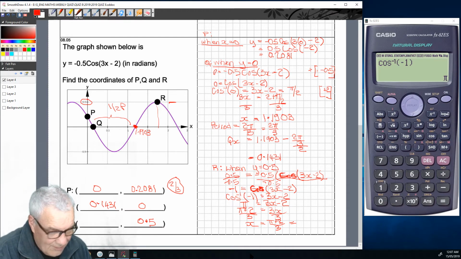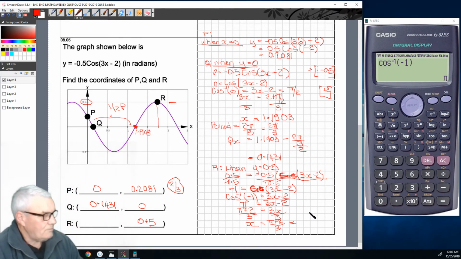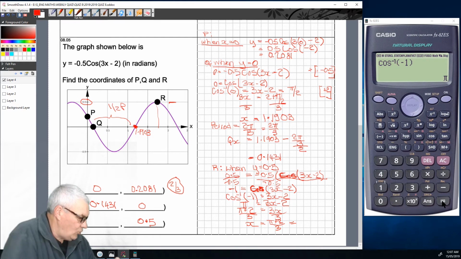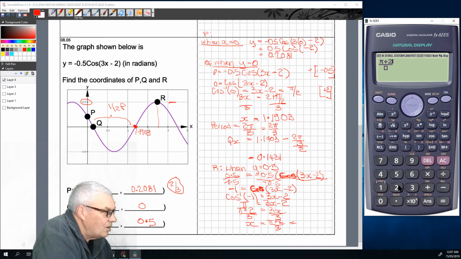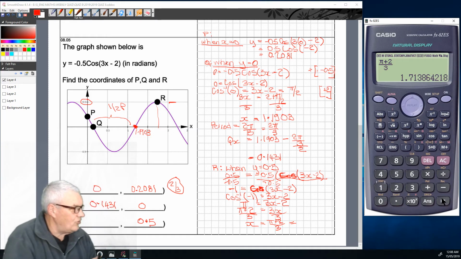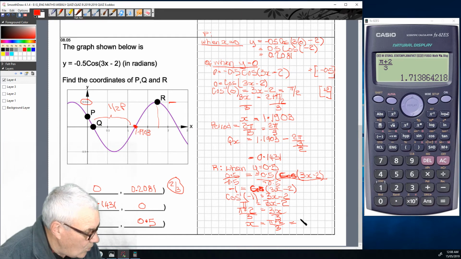Okay, then we've got to go to here. Shift pi plus 2, drop it down, 3, that's it, done, equals 1.7139.